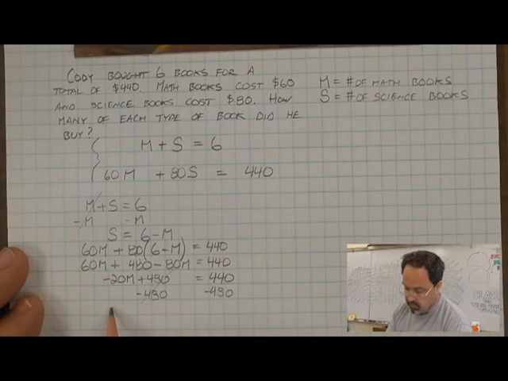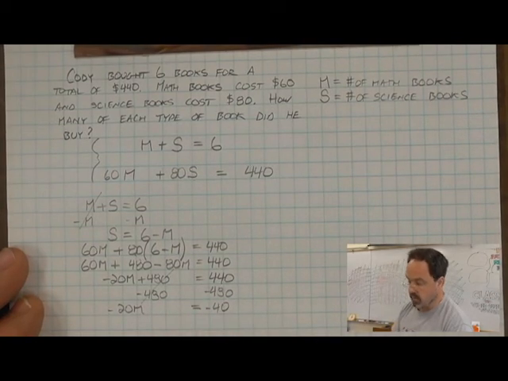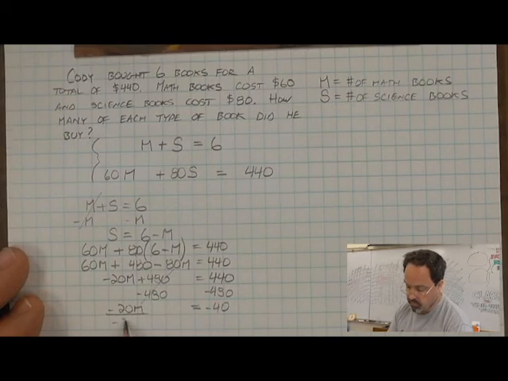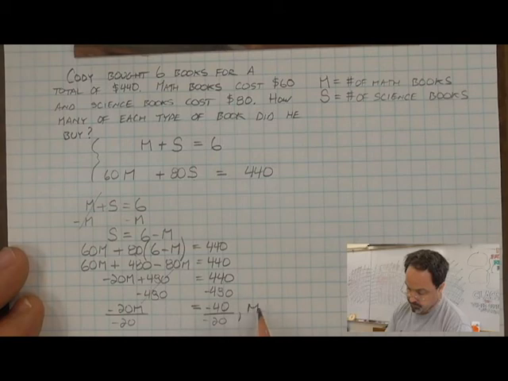These will cancel out, leaving negative 20m. 440 minus 480 is negative 40. And the next thing I'm going to do is divide both sides by negative 20. When I do, I get m by itself. And negative 40 divided by negative 20 is 2.